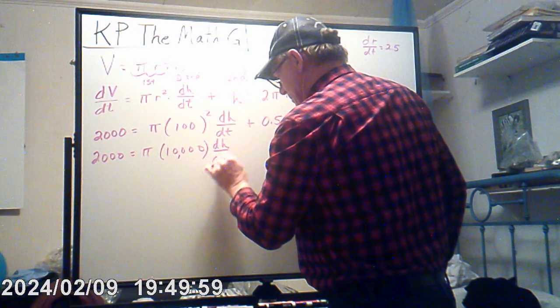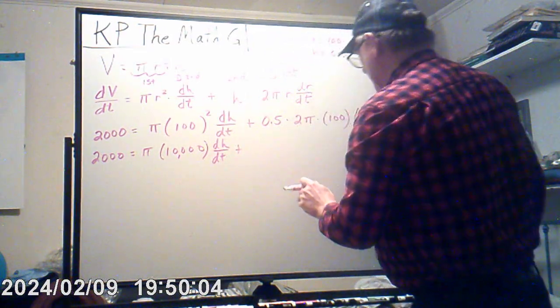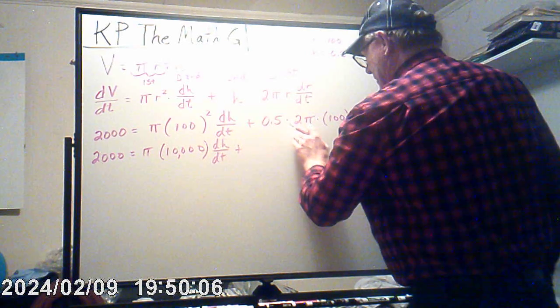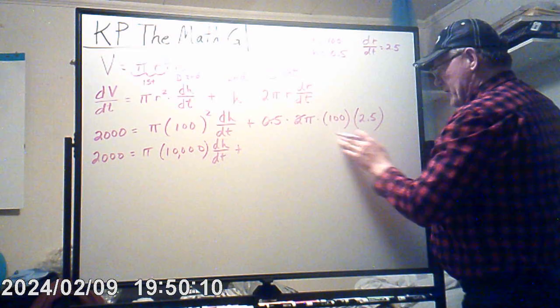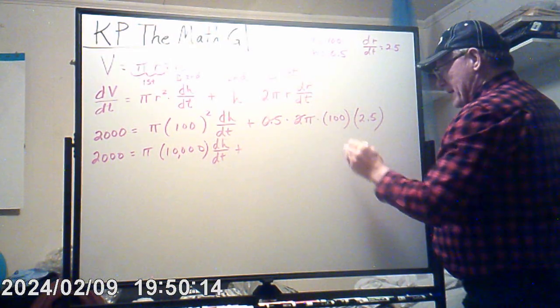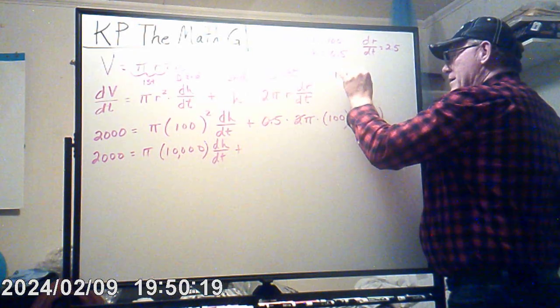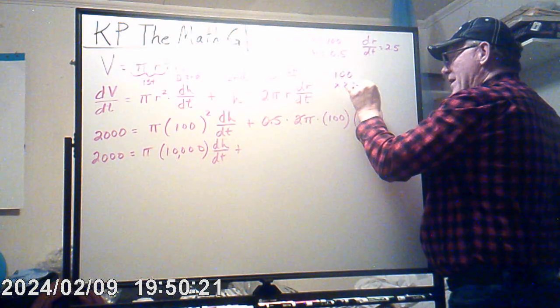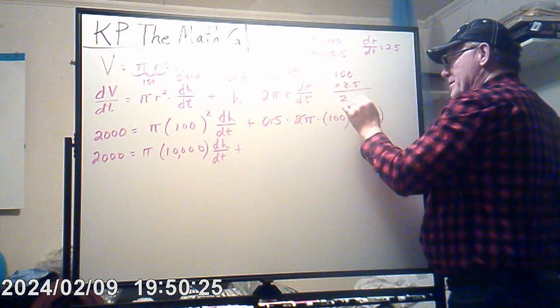dH over dt plus, let's see, half of 2 is 1, so that really just goes out. So 100 times 2.5. Just move the decimal over 2 spaces.